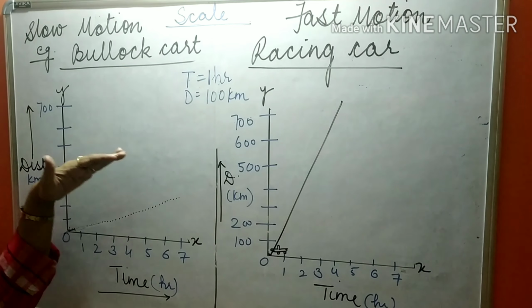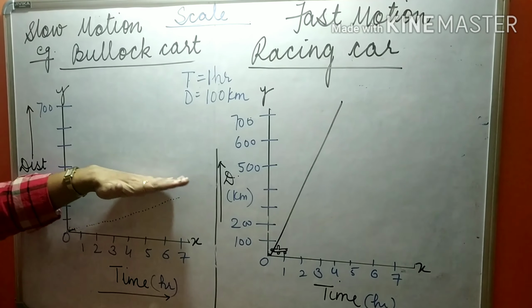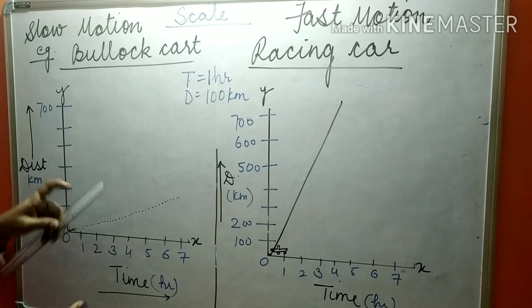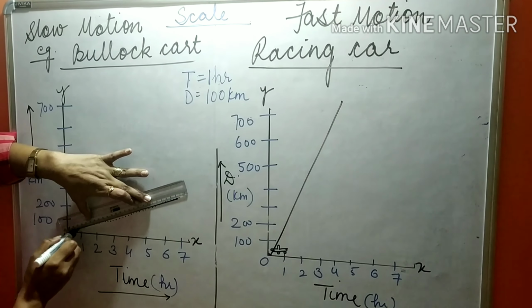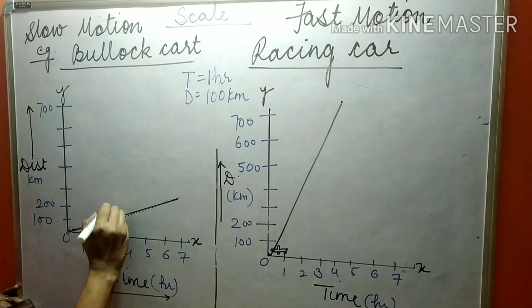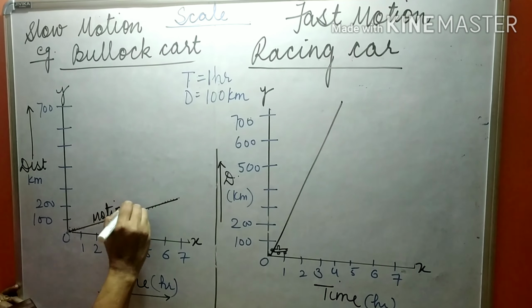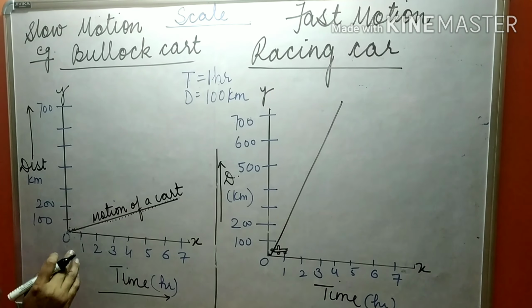When the motion is slow, the graph is towards time. In what will the graph be? In time. See, now I'll make this. This shows the motion of a car. Okay?